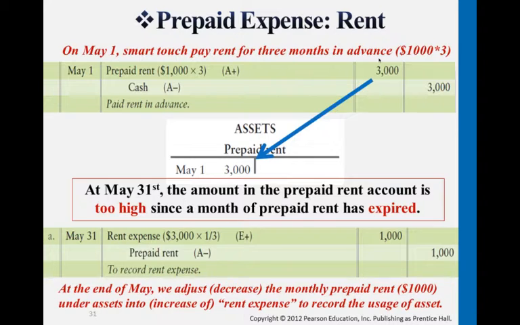Okay, so the previous entry, May 1st, would already be captured somewhere here in the middle of the month. Okay, at the end, what we want to do is this adjusting entry here. Just turn a portion of that which has already expired, that's no longer in force, into expense. So here we're reducing asset, increasing expense.